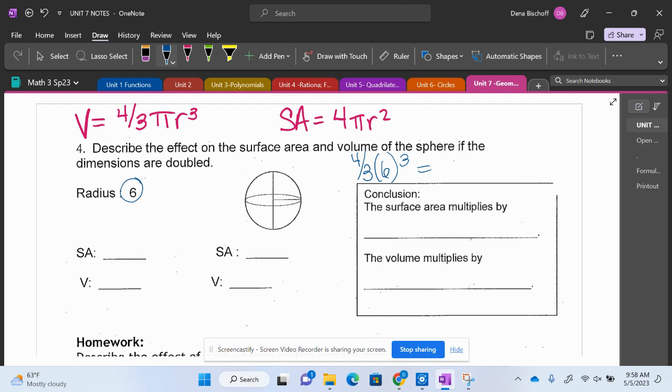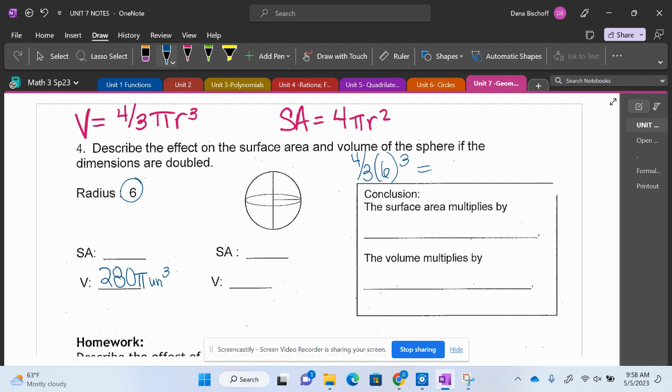And then multiply that by 4/3. You guys do know how to do that in your calculator, like how to put a fraction in there? Parentheses, all that good stuff. What do we get? 288. So my volume is 288 pi units cubed.